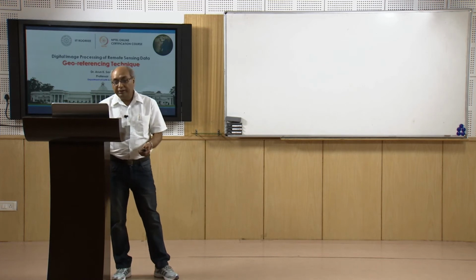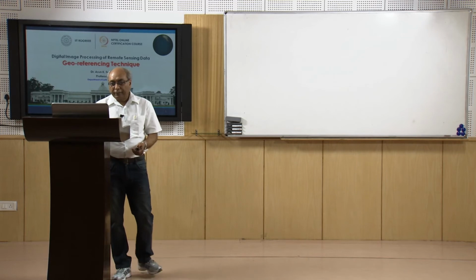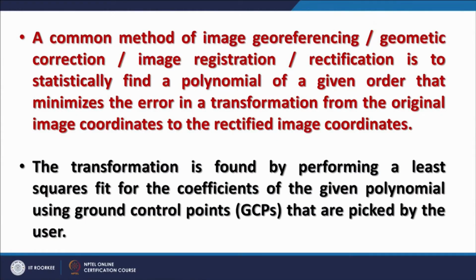It not only has to be transformed, but it has to fit in the new system, that is the geographic coordinate system. So this transformation is found by performing a least squares fit for the coefficients of a given polynomial using ground control points, or in short GCPs, that are picked by the users, and we decide which is going to be the GCP.